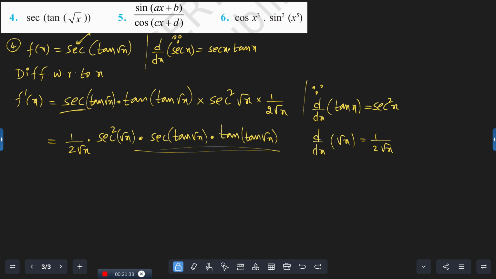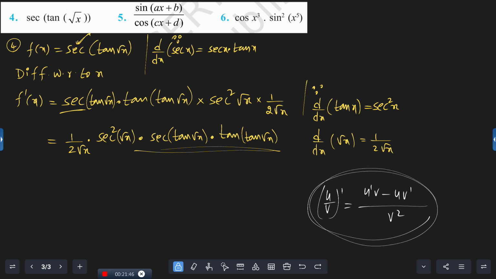U divided by v derivative is u dash v minus u v dash, divided by v square. Very good. This formula you must remember. Then only we can do question number 5. Understand? Children, you have to read the formula. All the formulas I gave, read them all. Then only it will be easier to do the sums.